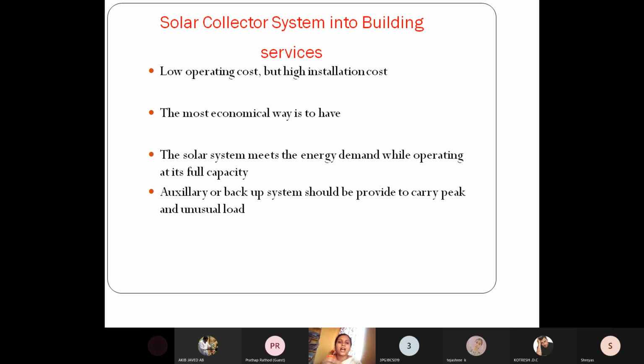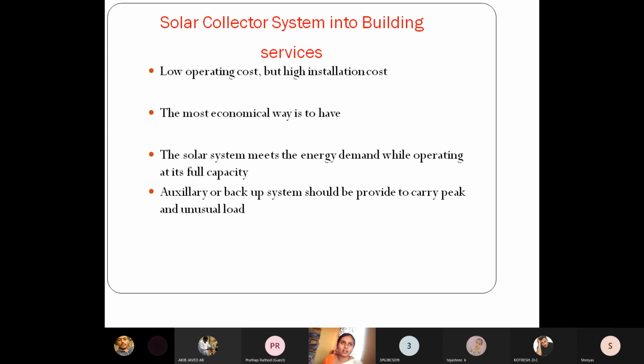They are saying an auxiliary or backup system should be provided to carry peak and unusual load. For example, I have said base load and peak load. Peak load is nothing but a sudden rise in load. For example, we use a fridge and TV daily, some applications we use, and some other day we use a mixie or microwave oven, a sudden rise in load.